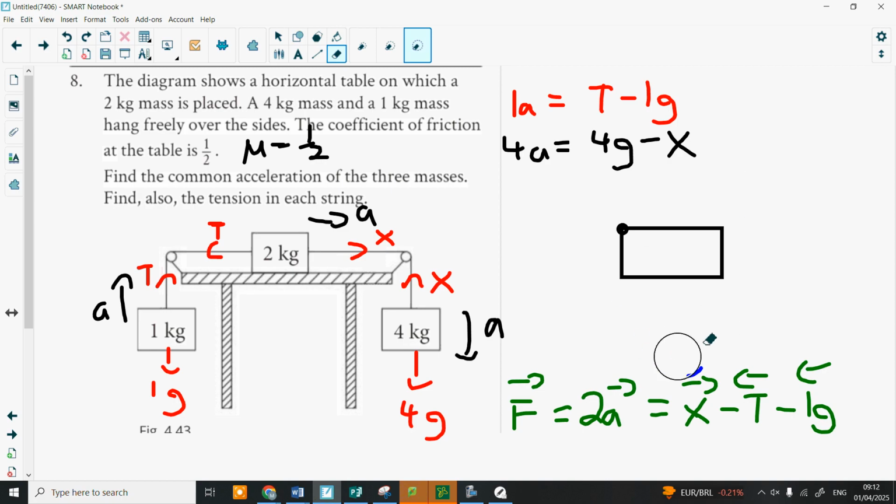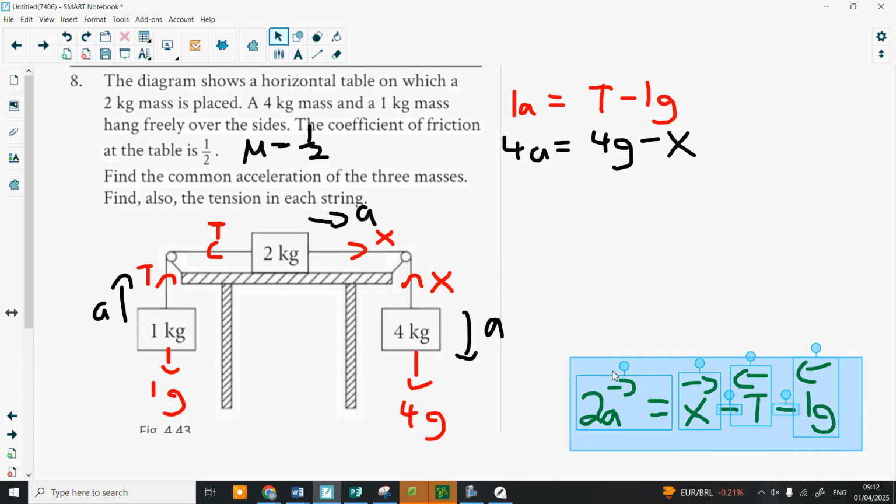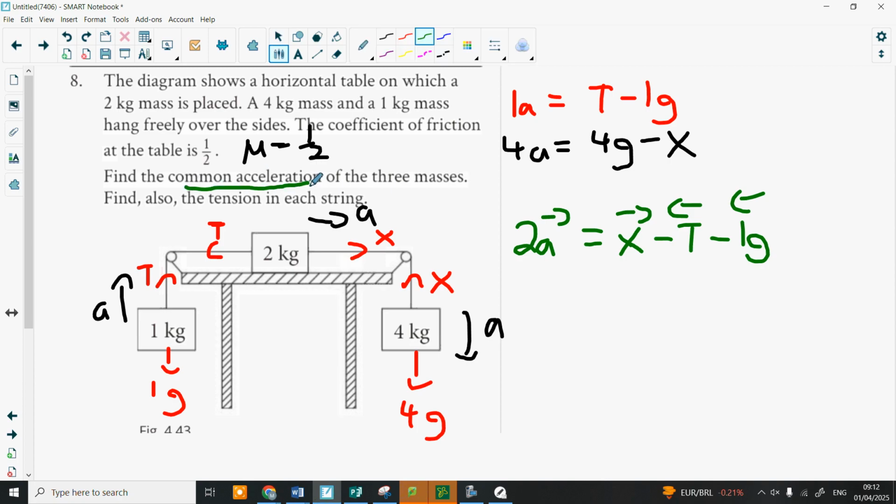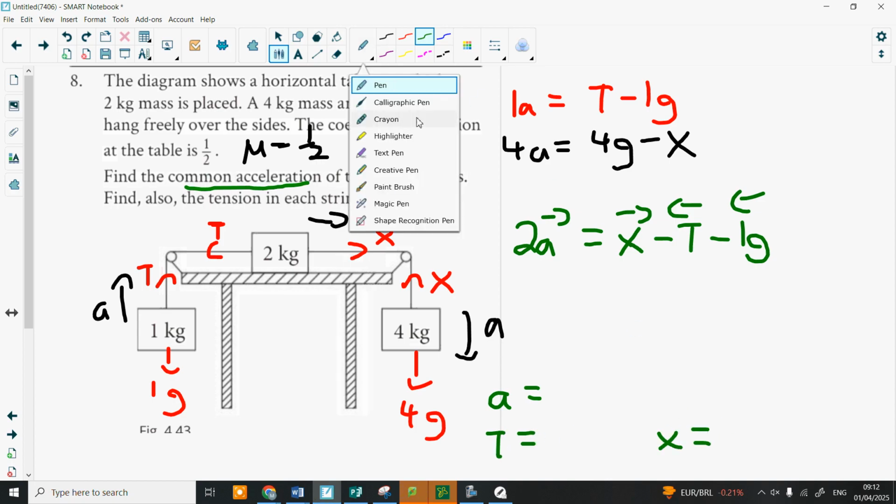Now, here we go. Here's how you should do this system, right? There are many ways to solve this, okay? But here's what I would do. I might let you guys take this away now in a second, all right? What's the goal of the question? It wants me to find A, it wants me to find T, and it wants me to find X. Now here's what I want you to do.